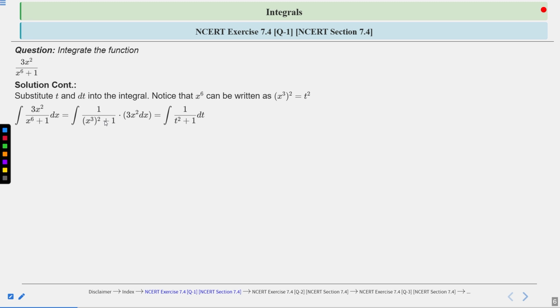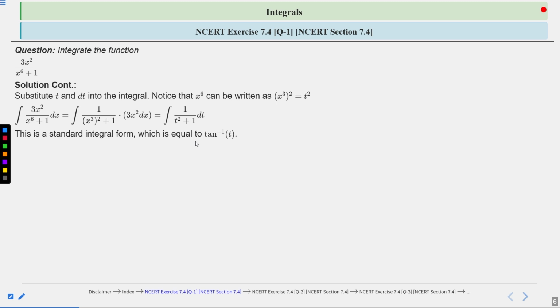So we can write the integral of 3x square upon x to the power 6 plus 1 dx, which will be equal to the integration of 1 upon x to the power 3 whole square plus 1 into 3x square dx, which is equal to the integral of dt upon t square plus 1.